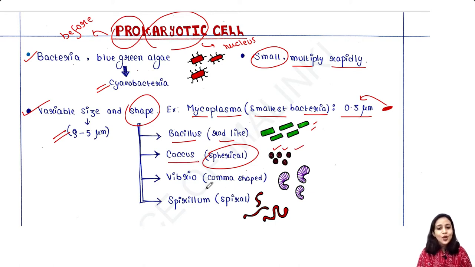Some are comma-shaped like these, so we call them vibrio. Some have spiral shape like this, we call them spirillum. These are main 4 types of bacteria according to shapes.